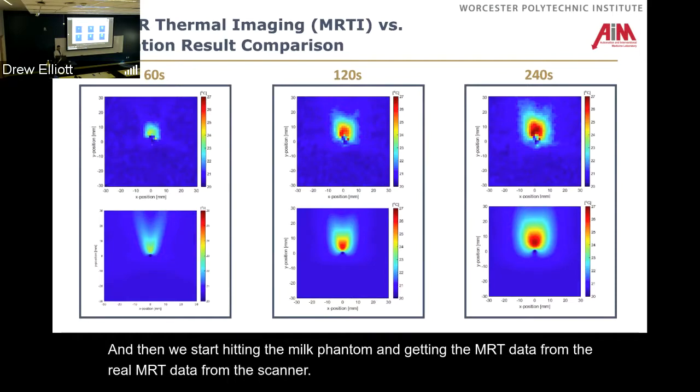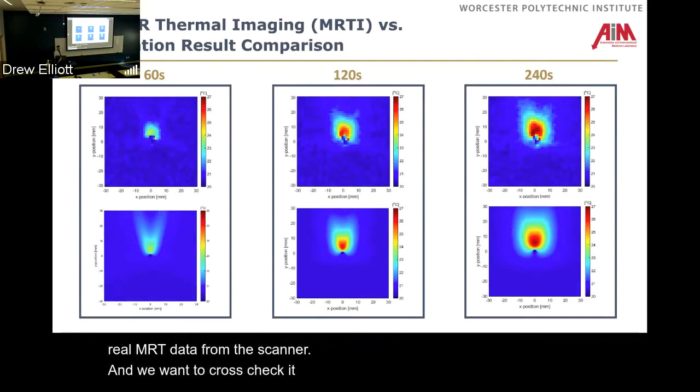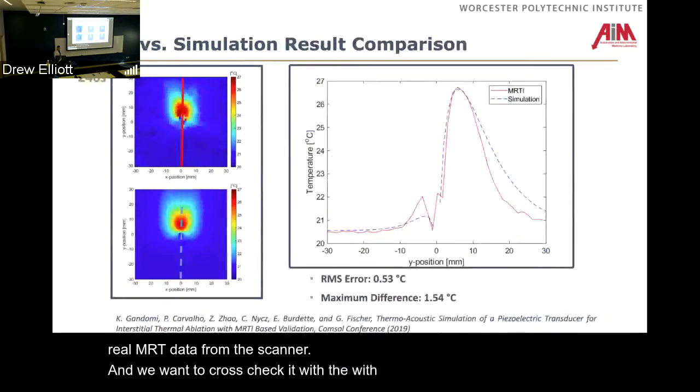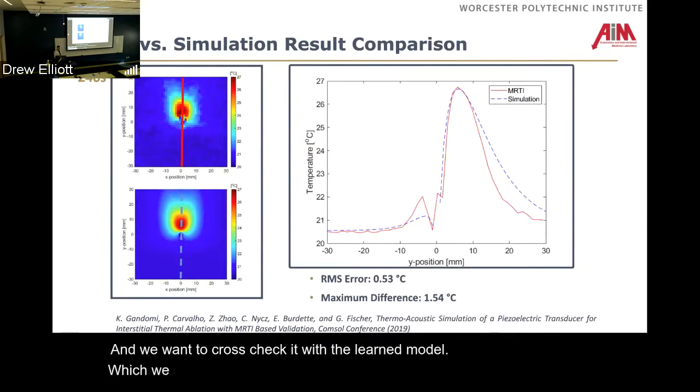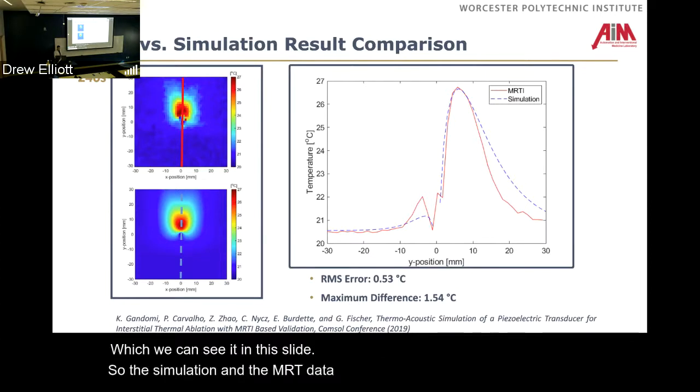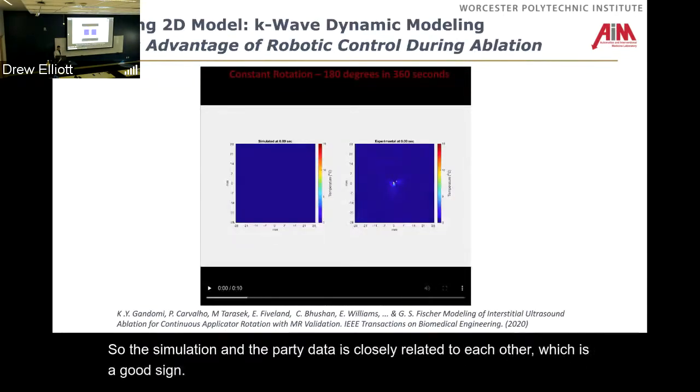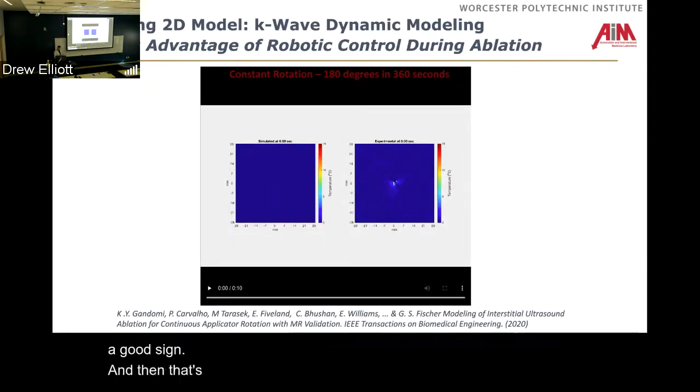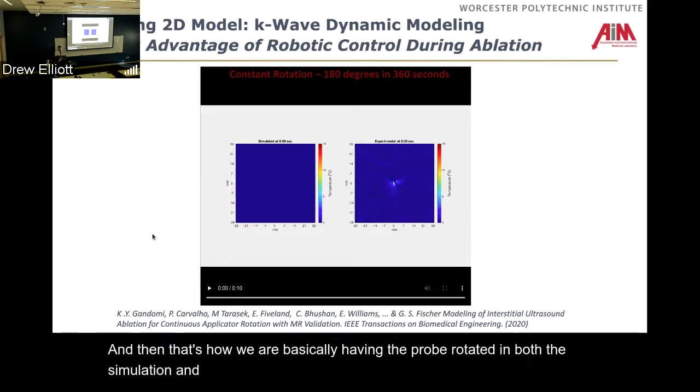And we want to cross-check it with the simulated model, which we can see in this slide. So the simulation and the MRTI data are closely related to each other, which is a good sign. And that's how we have the probe rotated in both the simulation and the MRTI data.